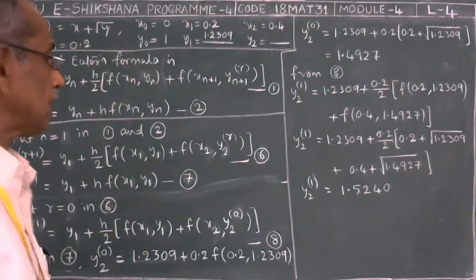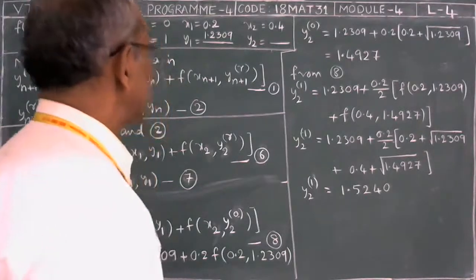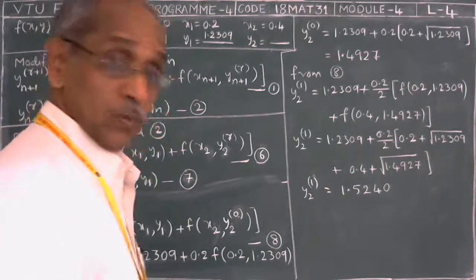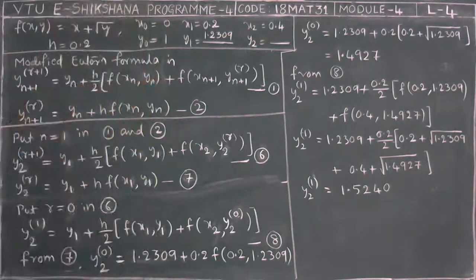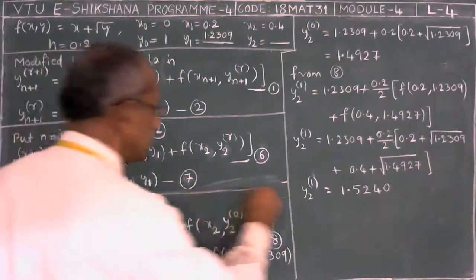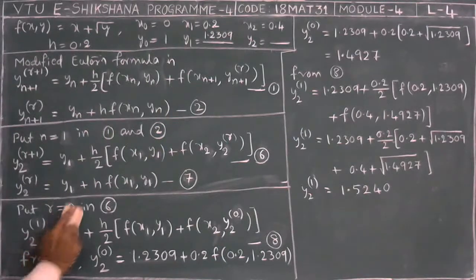Okay, so after getting y2 1, I have to obtain y2 2. So what do I have to do to get y2 2? Fix r is equal to 1 in 6. So what happens when r is equal to 1?